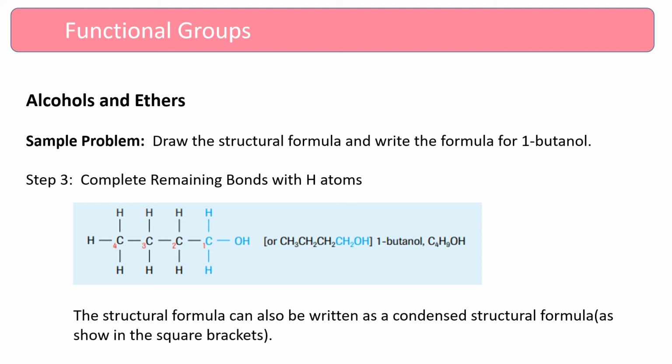And then we've attached the other H's. So we have CH3, CH2, CH2. Then we have one more CH2 with an OH. And then it's 1-butanol. The structural formula can also be written as a condensed structural formula, as shown in the square brackets.